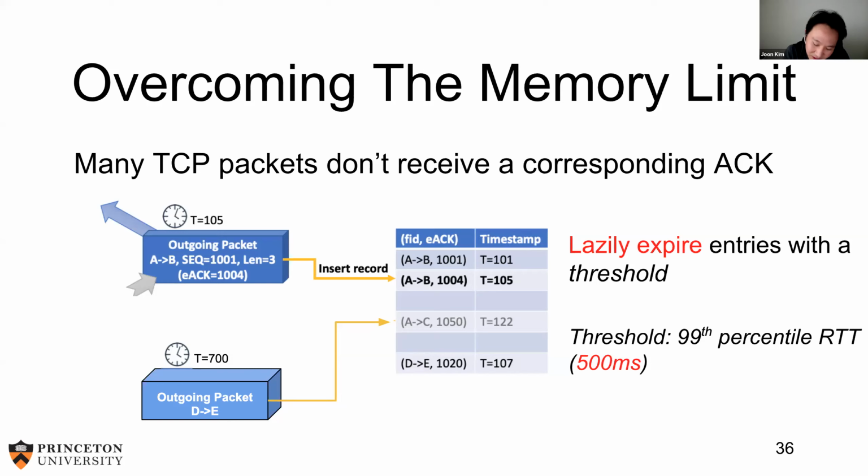Setting the threshold is somewhat of an art. You have to actually look at the traffic and see what's the best threshold for that particular flow or campus. For us, we used the 99th percentile of the RTT value in our campus trace, which was about 500 ms. So for our network, we use that as our threshold.